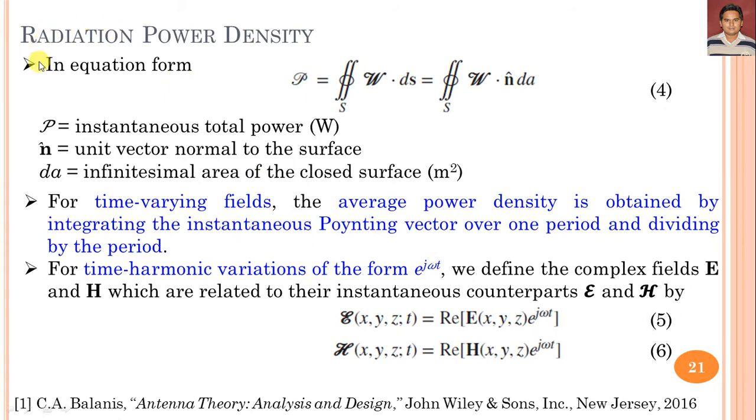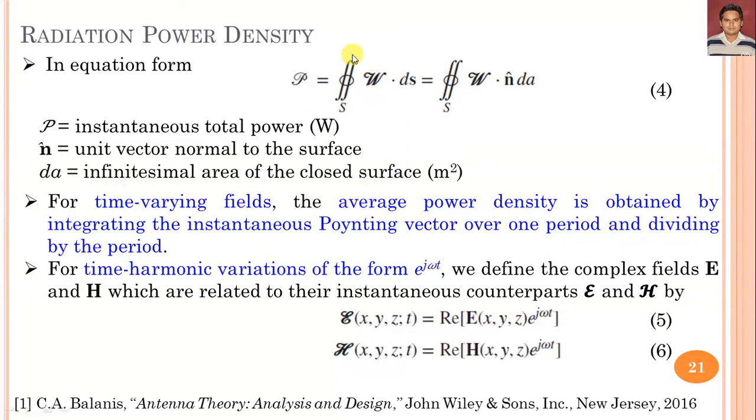In equation form, P equals the closed surface integral over S of W dot ds, which equals the closed integral over S of W dot n cap dA, where n cap is the unit vector normal to the surface and dA is the infinitesimal area of a closed surface, as we discussed in lecture 1.